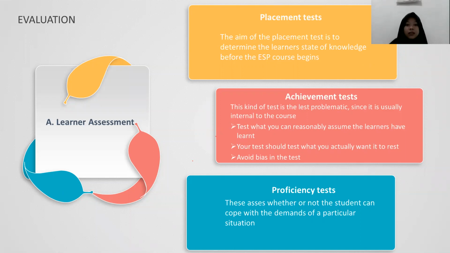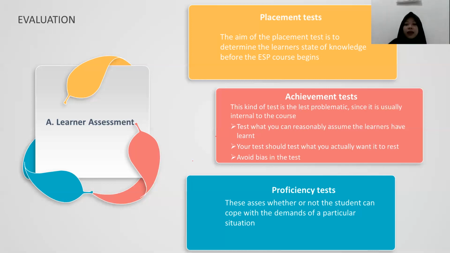This assesses whether or not the student can cope with the demands of a particular situation. In the introduction to their guide to English, Davies and West, 1984, identified the primary purpose of language testing in the 80s as proficiency testing designed to assess whether candidates will be able to perform the language tasks required of them.